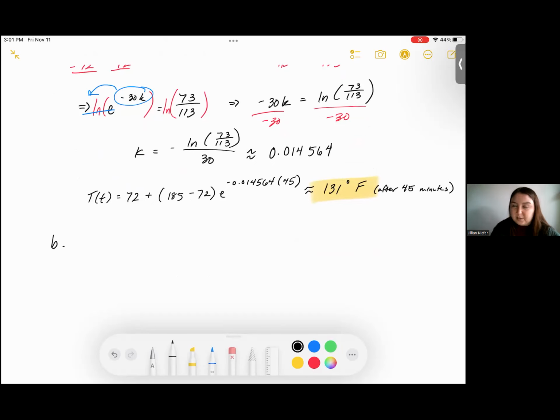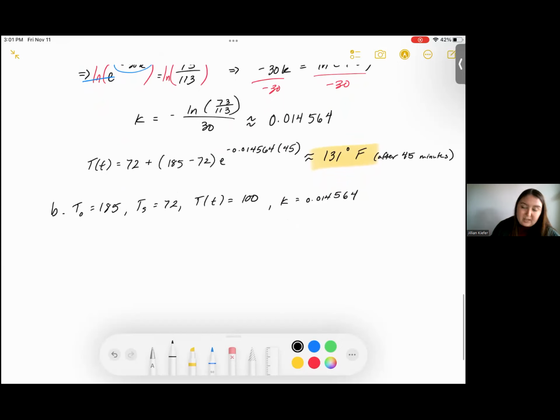A lot of these values are still the same. The initial temperature of the turkey is 185 degrees. The temperature of the surroundings is 72 degrees. And now the temperature of the turkey is 100 degrees. And we know the value of K. K is 0.014564. What we're looking for here is t, time.